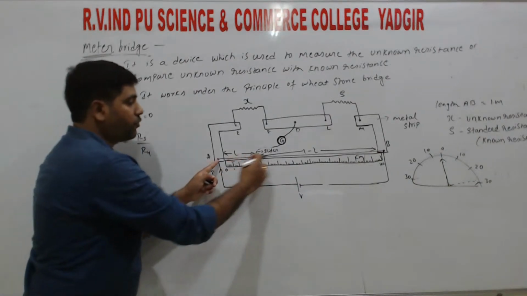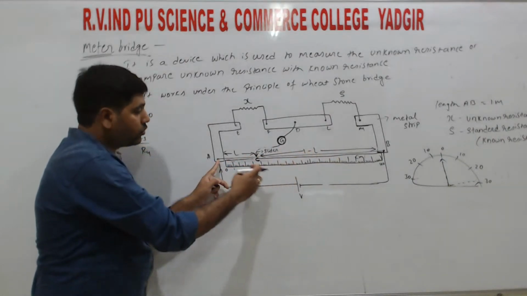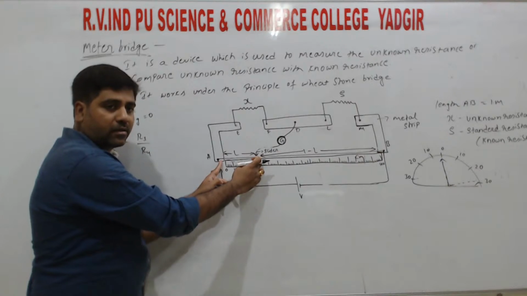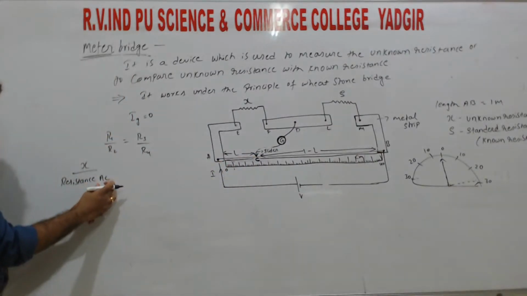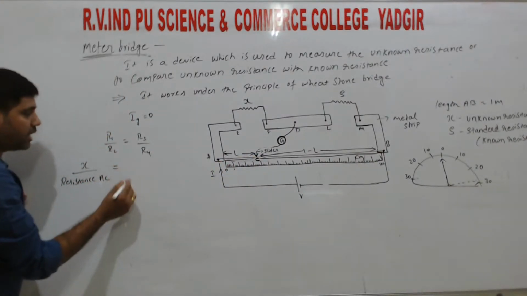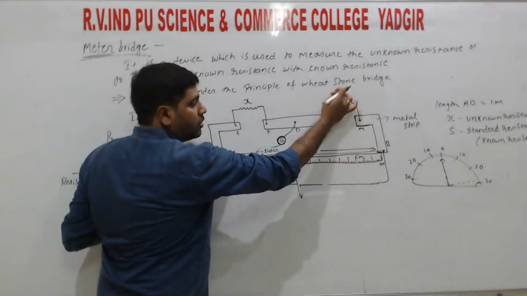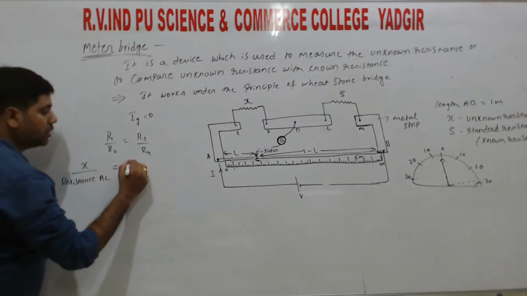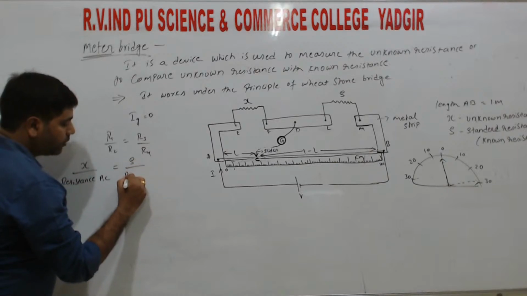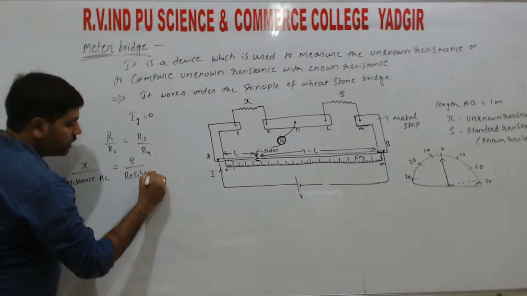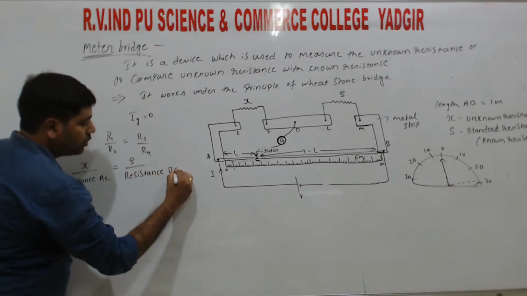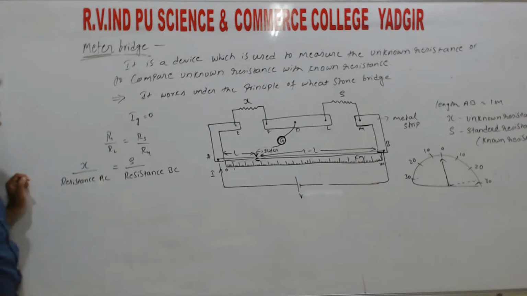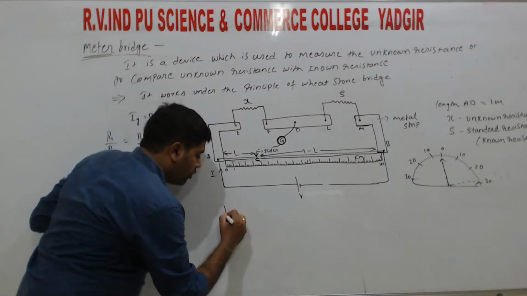So up to L we are going to measure, so that one we written resistance AC, right? So that is equals to R3 is S divided by the resistance BC, right?